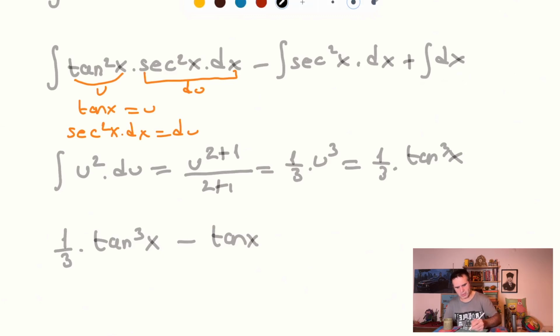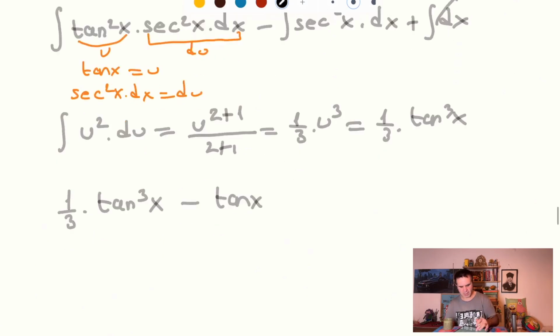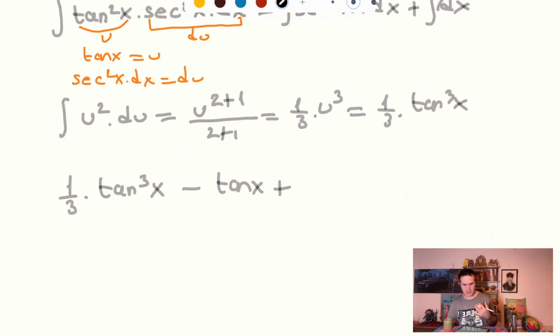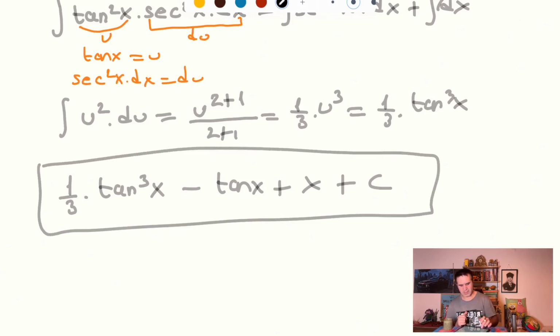This is actually 1 and the integral of 1 is x. And since this integral is an indefinite integral, we should add a constant c. Okay, this is the answer.